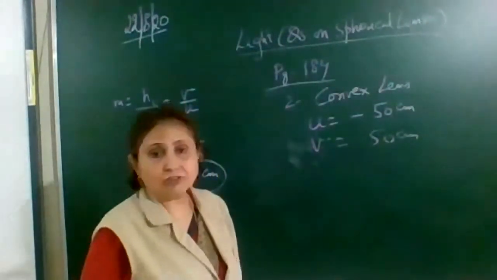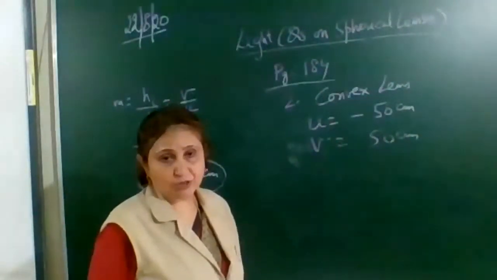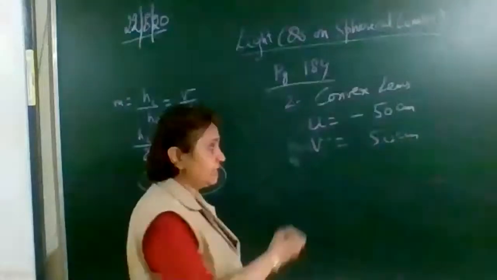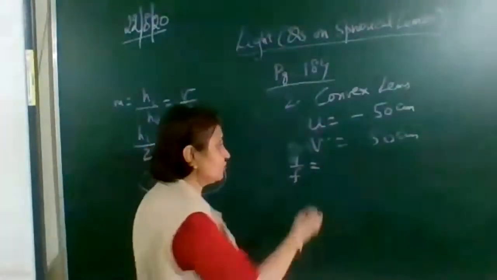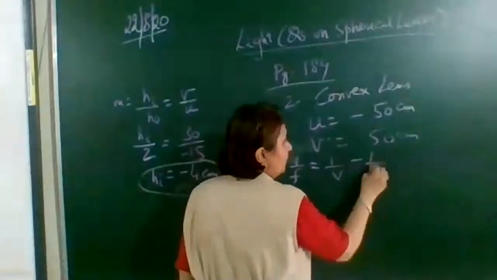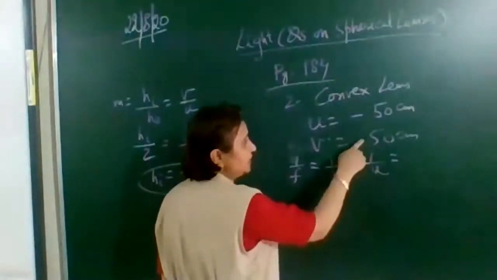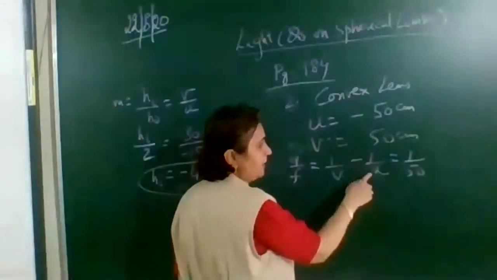Okay, also find out the power of this lens. We know that power is the reciprocal of focal length. So here the focal length we first have to find out, and the formula to find the focal length is the lens formula, which is 1 upon f is equal to 1 upon v minus 1 by u. Substitute v here is plus 50, u here is minus 50.